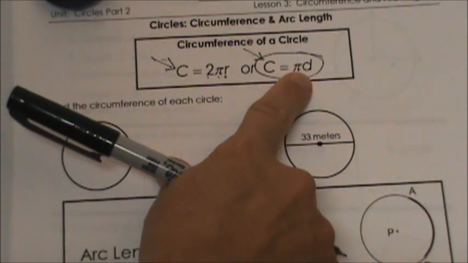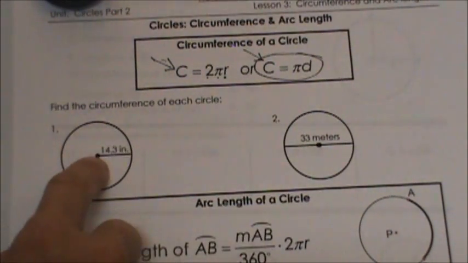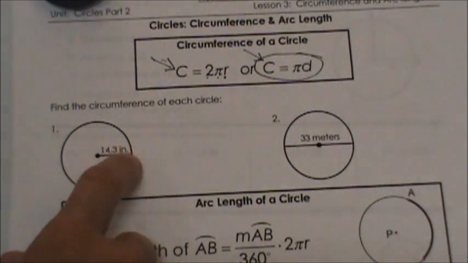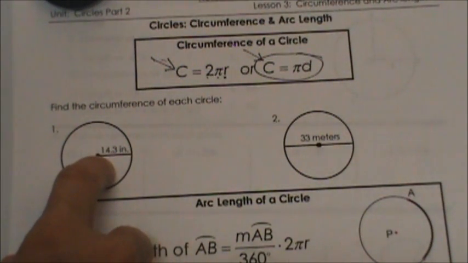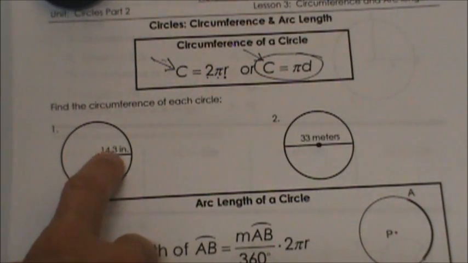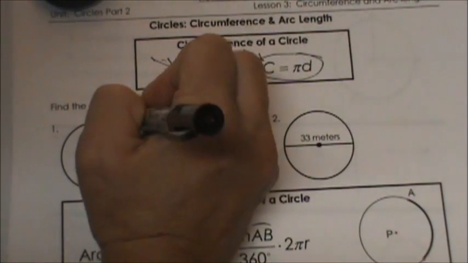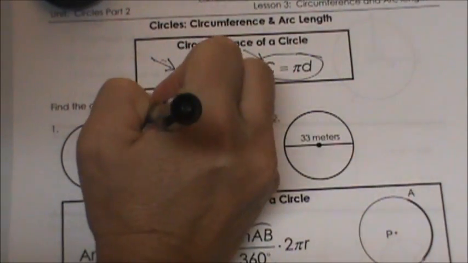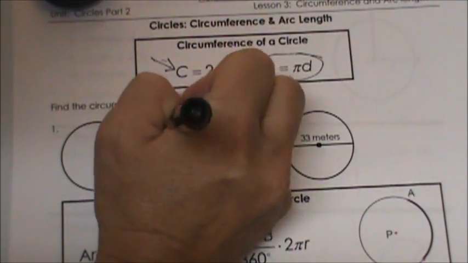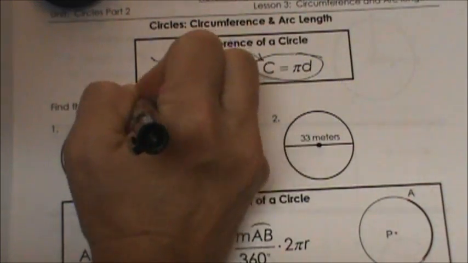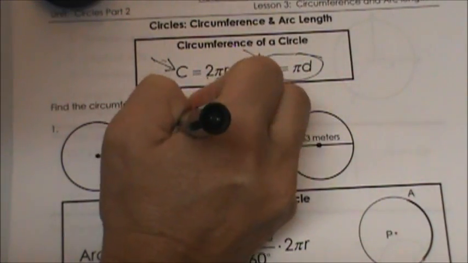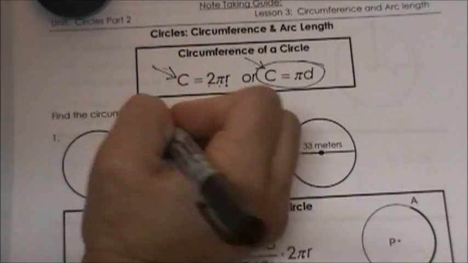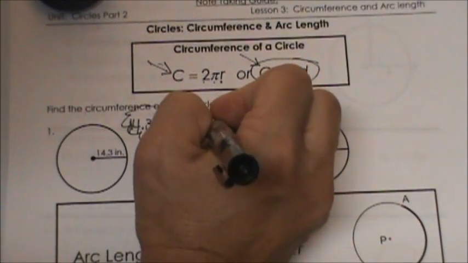Well, if we use this d pi formula, all we have to do is say, okay, what do we have? We have the radius. The radius is 14.3. What would the diameter be? I would just double it. So that's going to be 28.6. I don't even need a calculator, do I? So I'm just going to take 2 times 14.3 in my head, and I'm going to get 28.6.